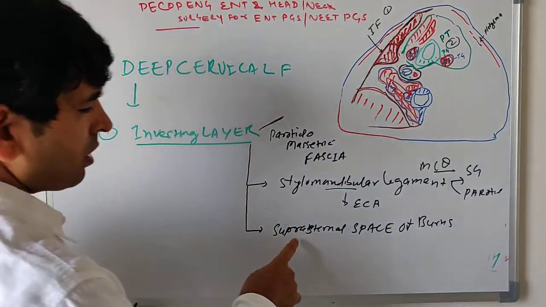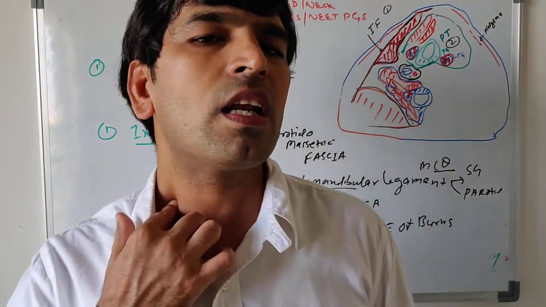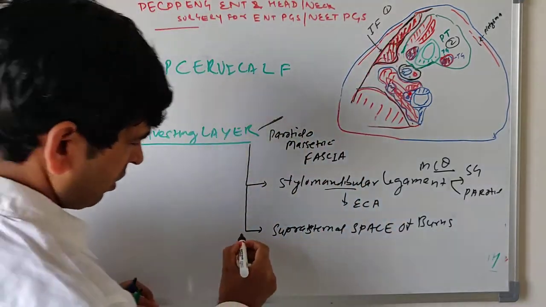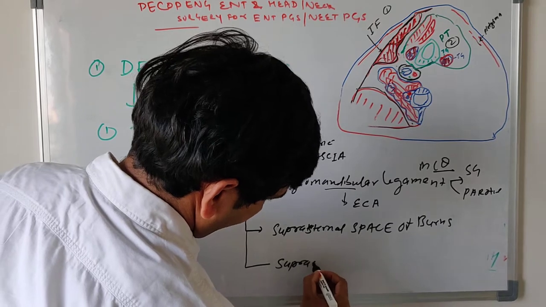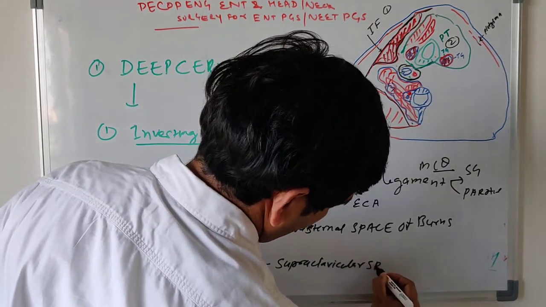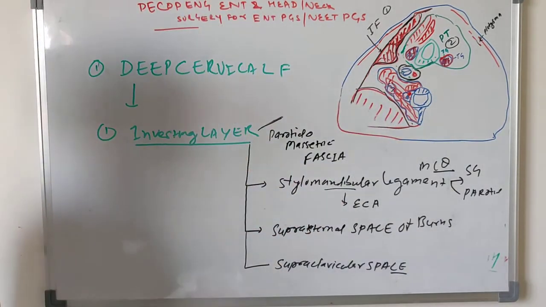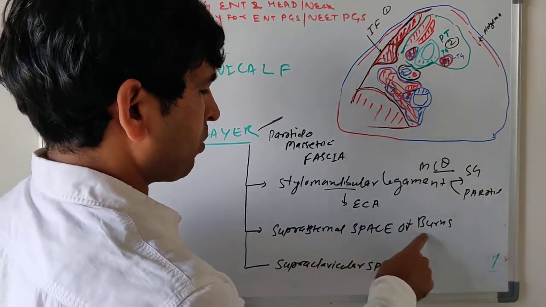It forms the suprasternal space of Burns, and between the sternal and clavicular heads it forms the supraclavicular space. Two spaces: the supraclavicular space and the suprasternal space of Burns.